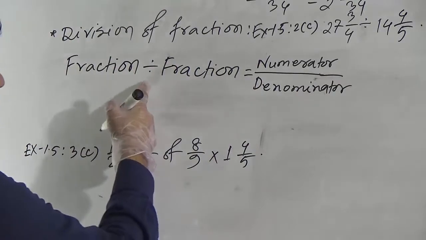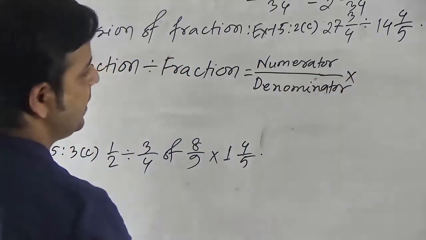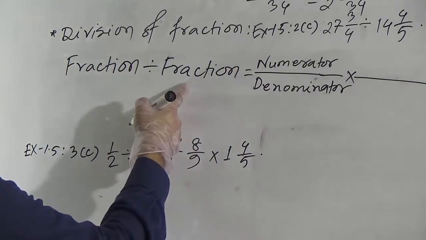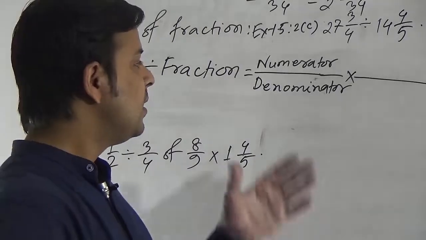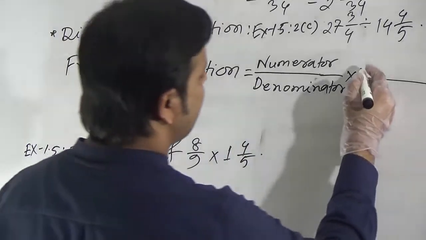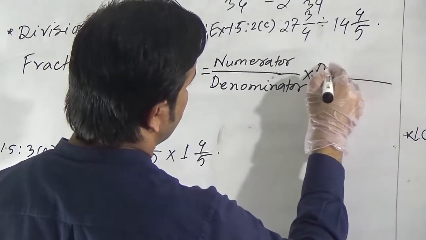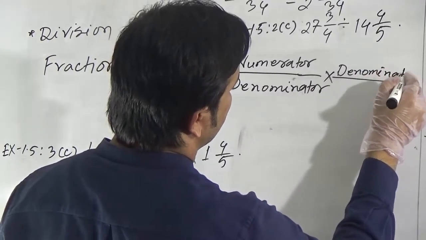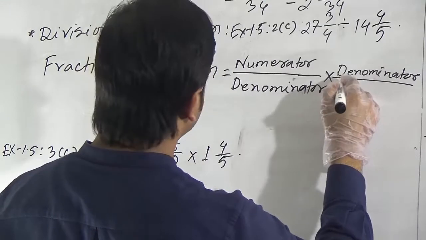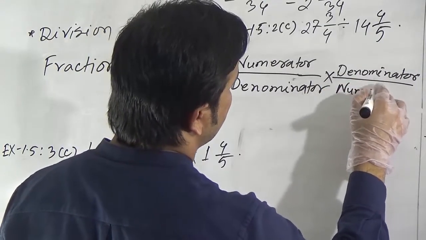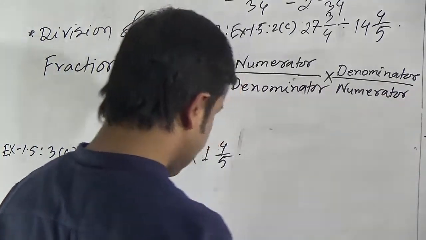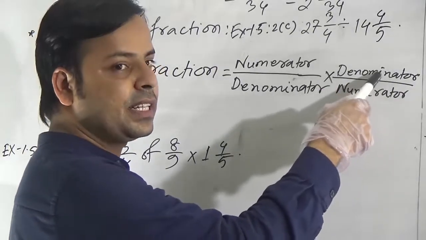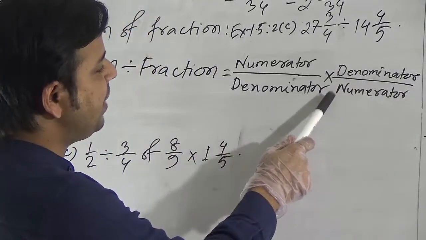Now, we will change the sign to multiplication. If we change the sign, then the next fraction after the sign, we have to take the reciprocal fraction. Here, the reciprocal fraction means the denominator will go to the numerator and the numerator will go to the denominator. So we can say we just have to take the inverse or reciprocal fraction when we change the sign from division to multiplication.